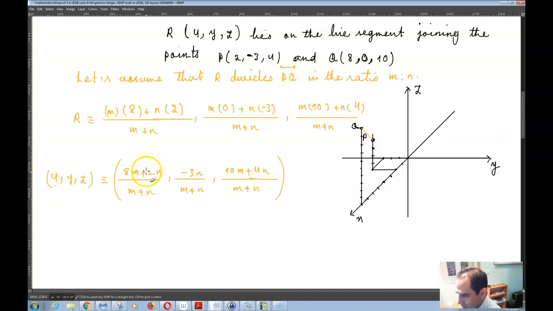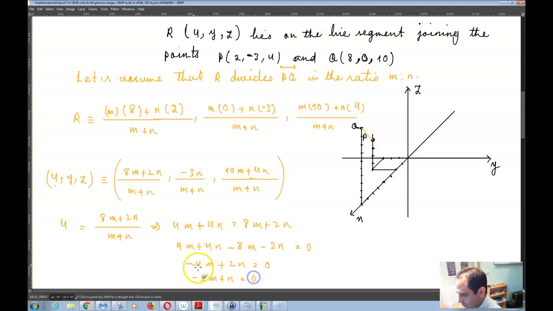And so I can write 4 is equal to 8m plus 2n over m plus n, and then cross multiply, I get 4m plus 4n is equal to 8m plus 2n. So 4m plus 4n minus 8m minus 2n is equal to 0, and then -4m plus 2n is equal to 0, -2m plus n is equal to 0.